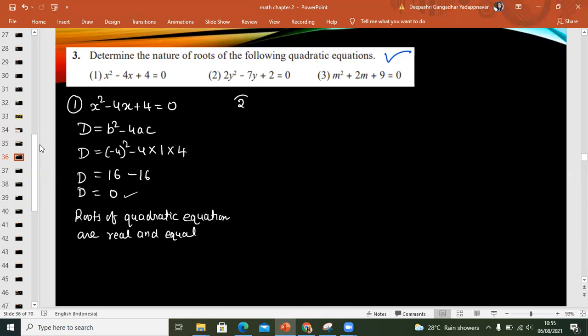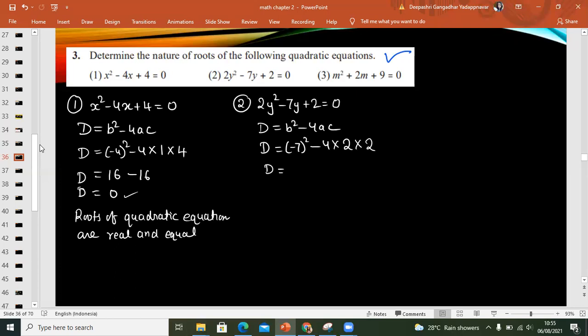So let's begin with the second question. 2y square minus 7y plus 2 equals 0. Here again find the discriminant first. B square minus 4ac. D equals, b value is negative 7, so I'll write it in the bracket, minus 4 multiply, a value is 2 and c value is 2. D equals, negative 7 times 7 gives you 49, positive value, minus 4 times 2 is 8, 8 times 2 is 16.